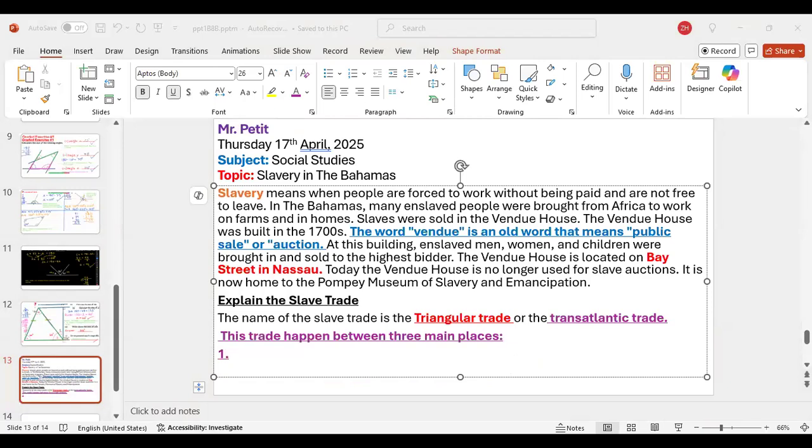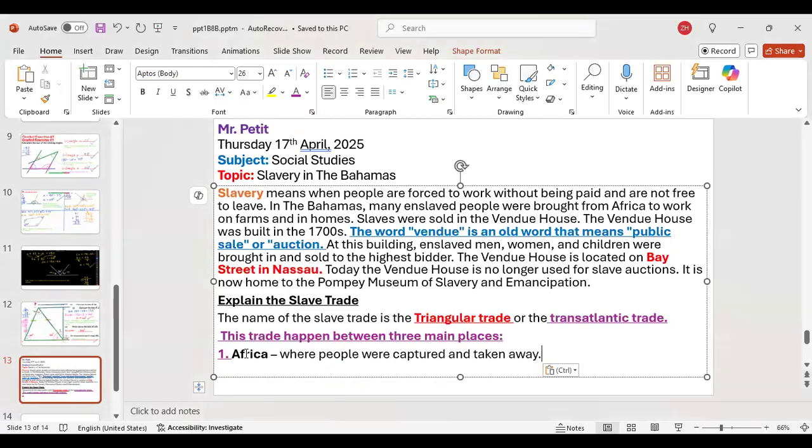Africa is where the people were captured and taken. Very good. That's the first thing, Africa. That's where they were captured and taken.